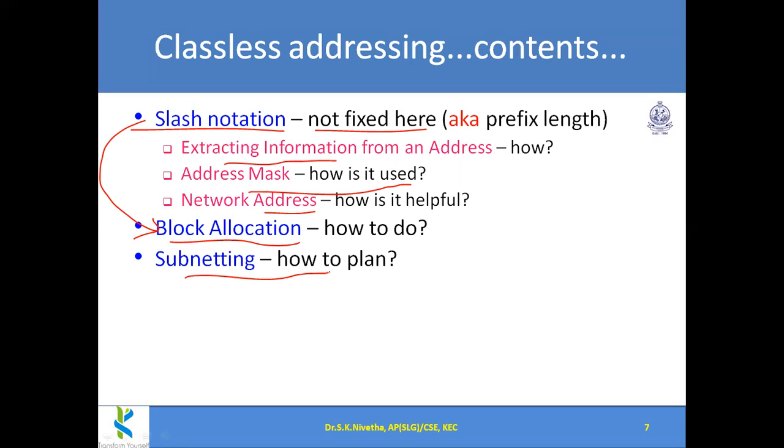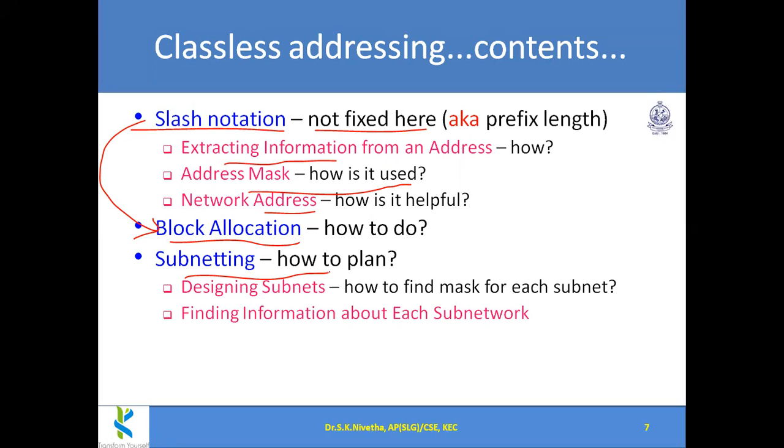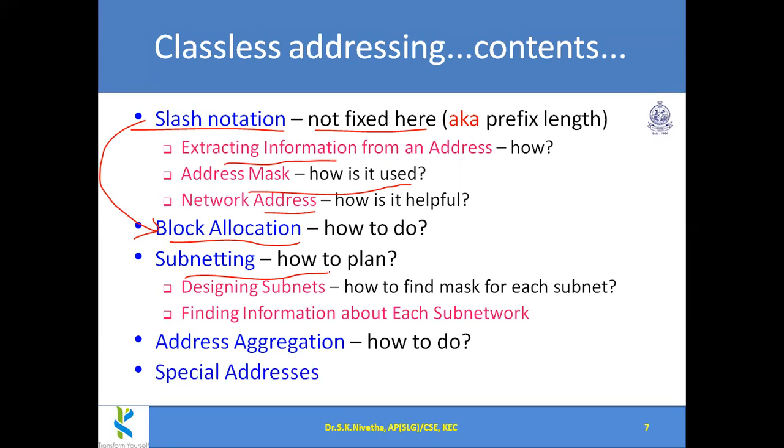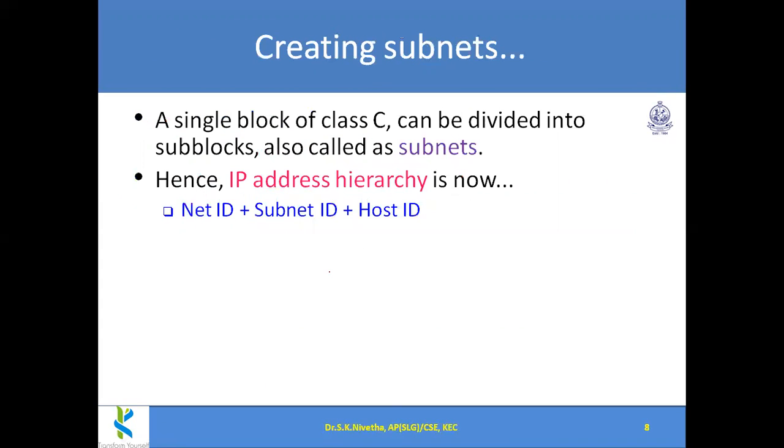We will also see how we plan subnetting, how we design subnets, like what the mask is for each subnet, the first address, the last address, all these things. And how do we find information about each subnet, how we can do address aggregation, and what are all the special addresses which are reserved as special IP addresses. These are the things we are going to cover.